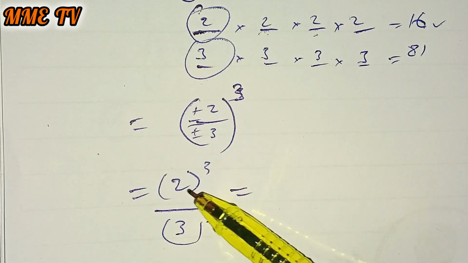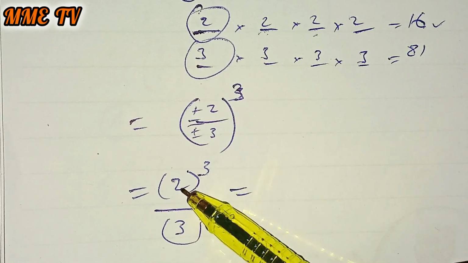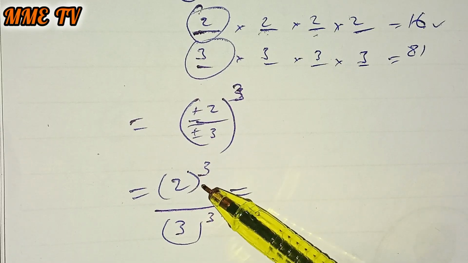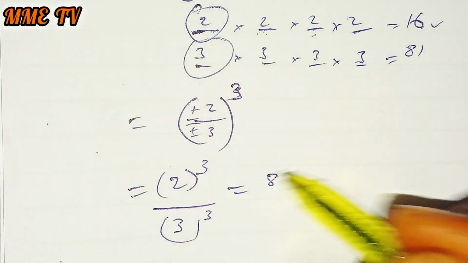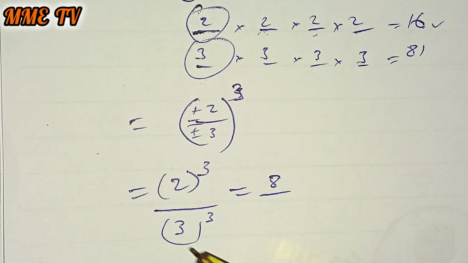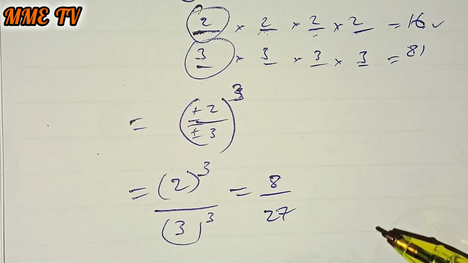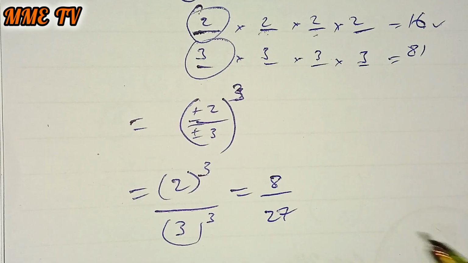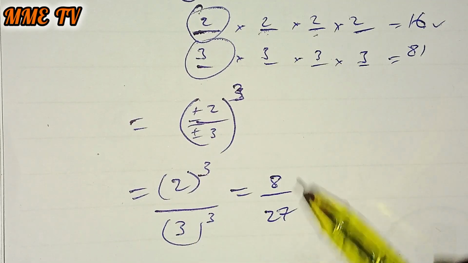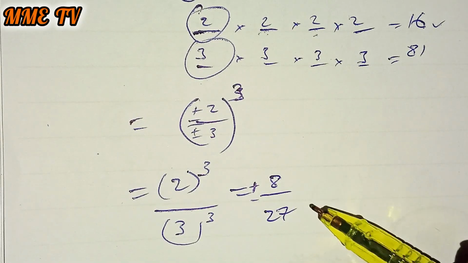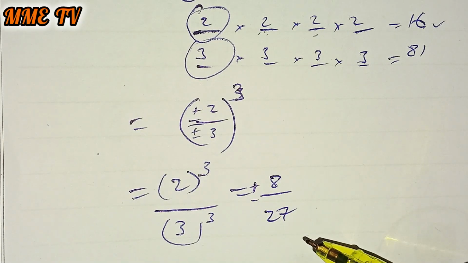So 2 raised to the power of 3 means 2 times 2 times 2, which means 8, all over 3 times 3 times 3, which is what? 27. But remember that these two numbers are again plus or minus, so it is plus or minus 8 over 27.